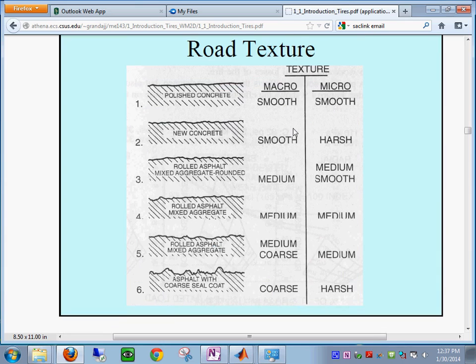Here's a little bit more of a scientific analysis on the road conditions. On the bottom, number 6 is very coarse, a harsh texture. Then you have medium coarse, medium.